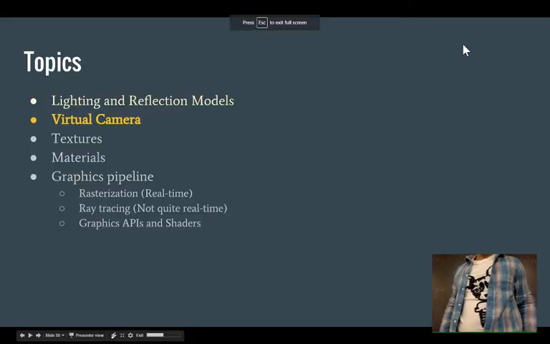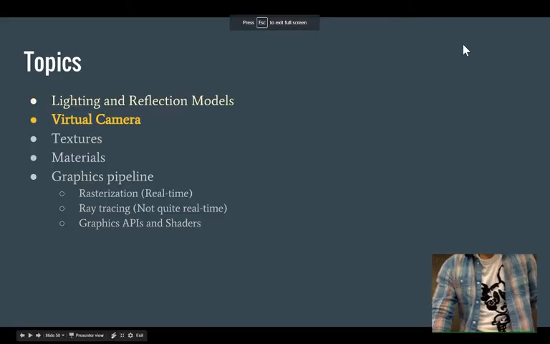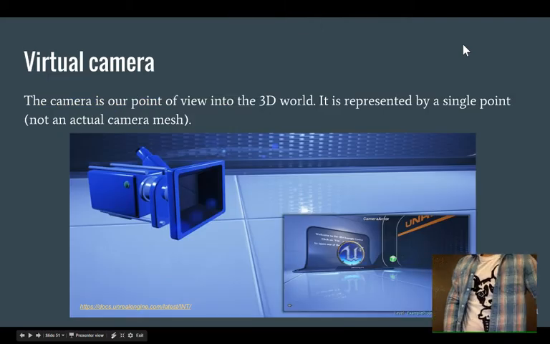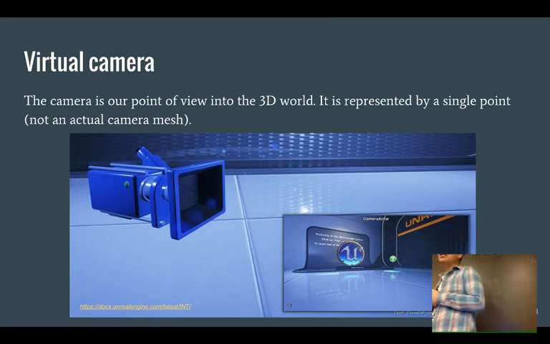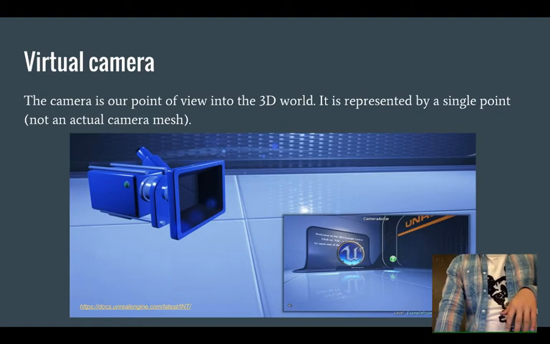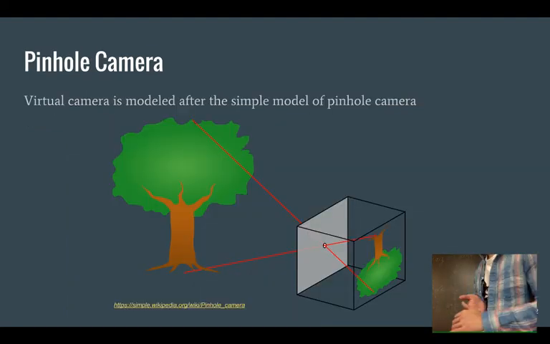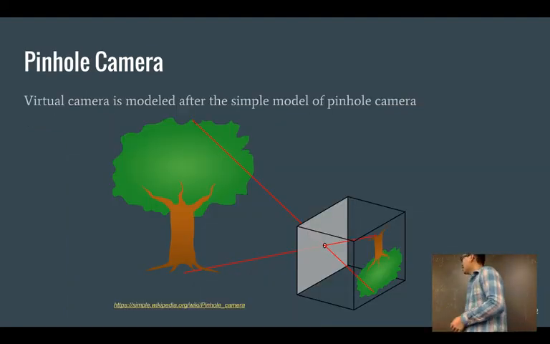Okay. All right. Now next, camera. Camera is the only thing that we have to look into our 3D world. It's usually just a point in space, but it has some other features. To start with, the virtual camera that we see nowadays is modeled after what's called a pinhole camera.